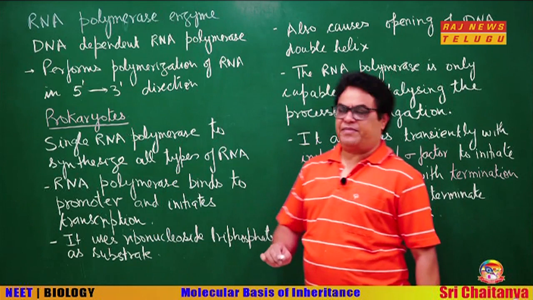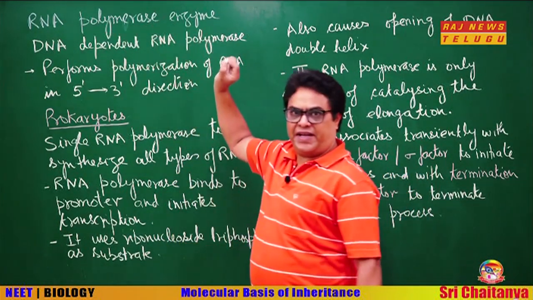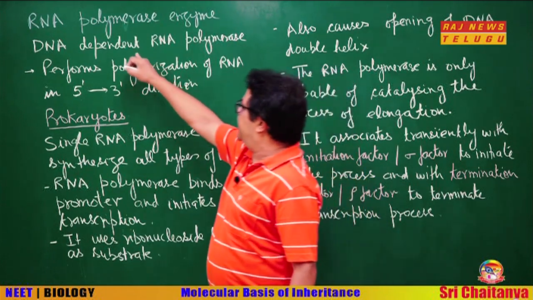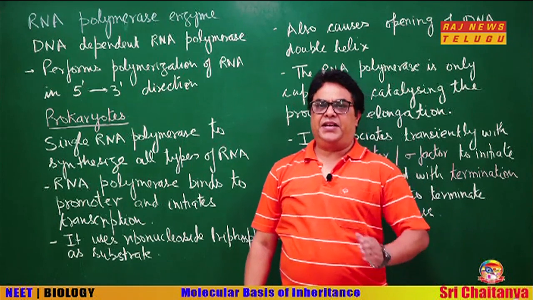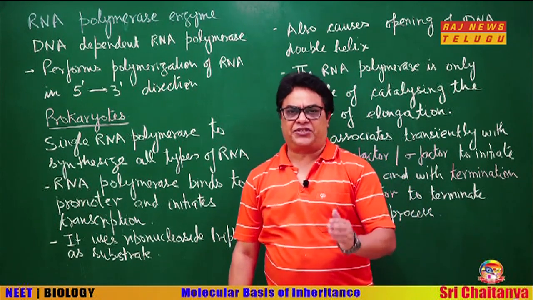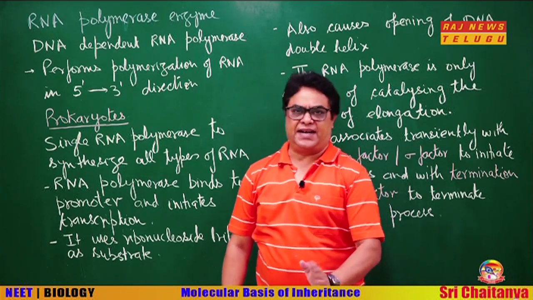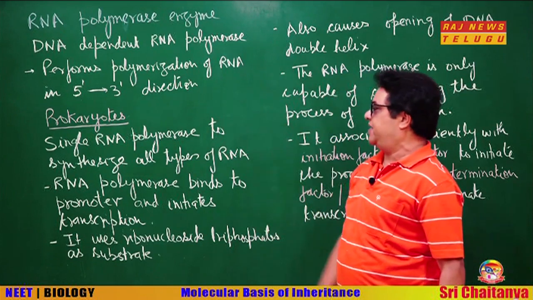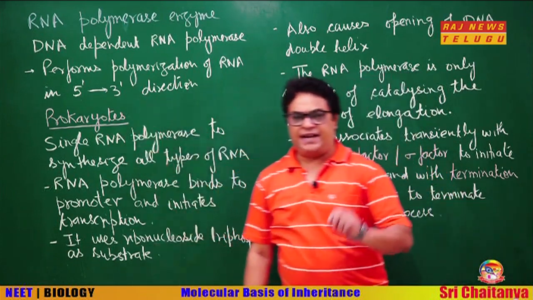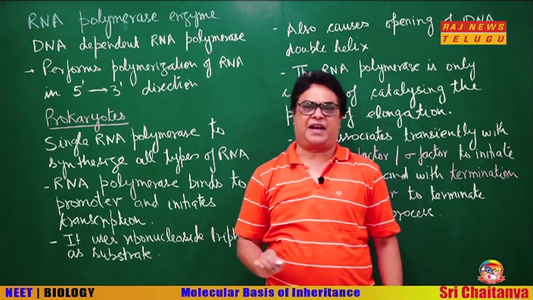Now, another requirement for transcription is the enzyme RNA polymerase. Okay, it is a DNA dependent RNA polymerase because it uses one of the strands of DNA as a template and it polymerizes RNA. So, it is called DNA dependent RNA polymerase. And remember, it can perform polymerization only in 5' to 3' direction.